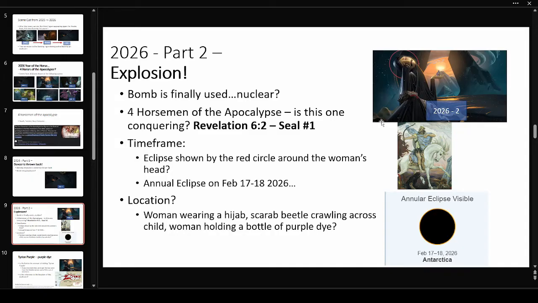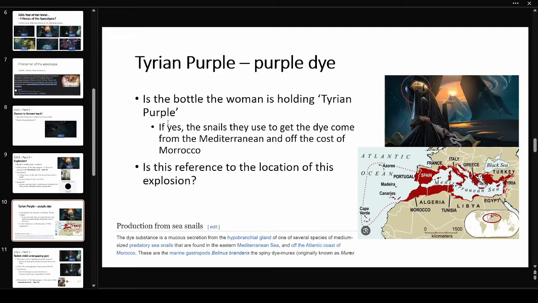So this purple dye, if we look at Tyrian purple, there's a specific purple dye that's very sought after, or prized, that comes only from this specific gland from a sea snail, and these sea snails only live in the Mediterranean or off the coast of Morocco. Okay, so I believe that this event has to happen somewhere in the region shown on this map.